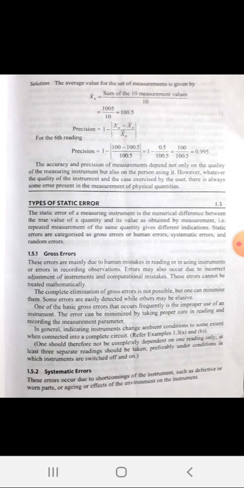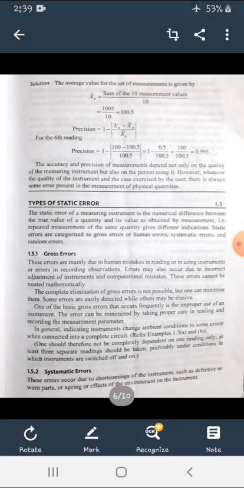So what is necessary? Proper training or knowledge is required to use or to measure the instrument properly. So any kind of error which occurs due to human mistake or human lack of knowledge is the gross error or human error. That error cannot be mathematically calculated.